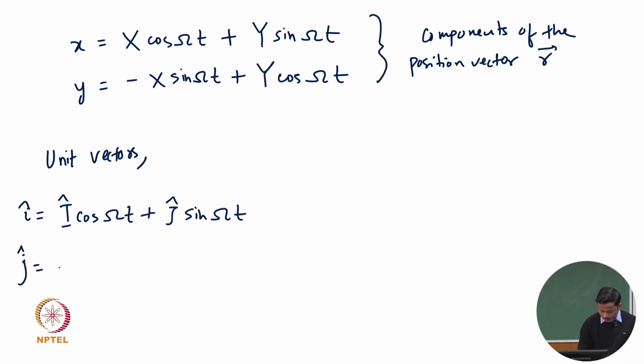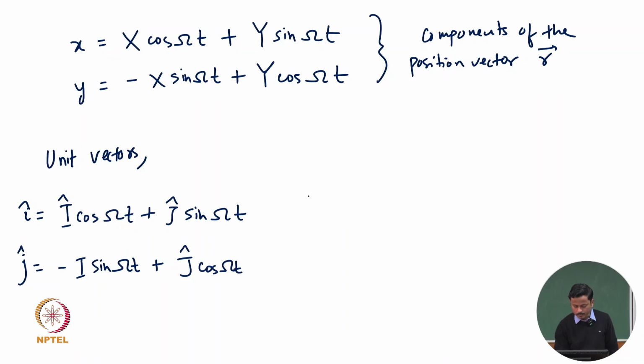From the same geometric arguments, we can relate both of these. Capital I cap is i cap cos omega t minus small j cap sin omega t.